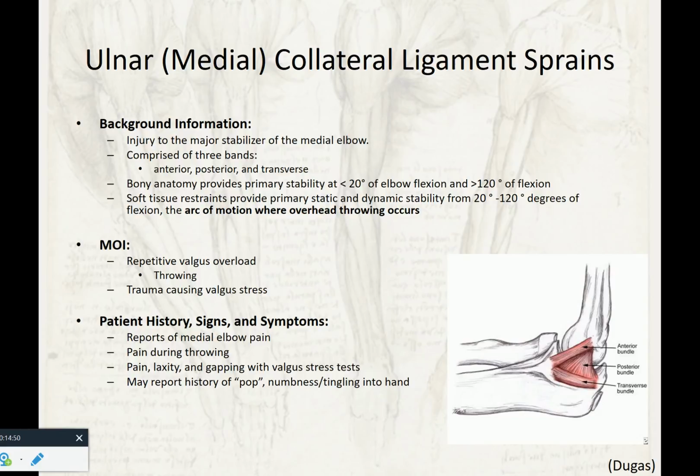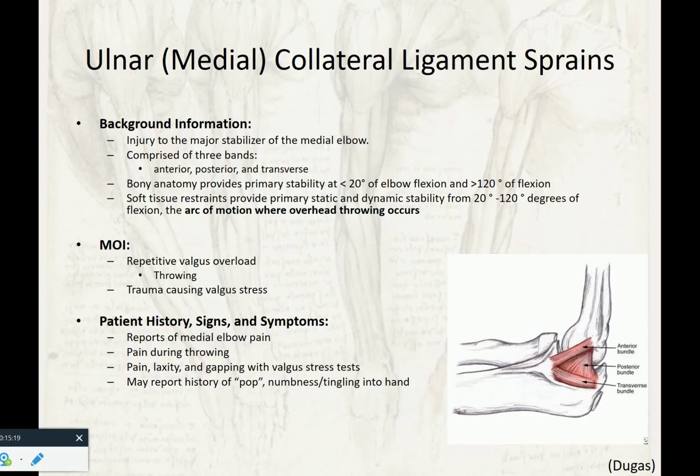This is the most important portion of this slide: the range from 20 to 120 degrees is the arc of motion where overhead throwing occurs, which is why the UCL is at increased risk for injury in throwing athletes. The mechanism of injury is repetitive valgus overload, throwing, or trauma causing an acute valgus stress.